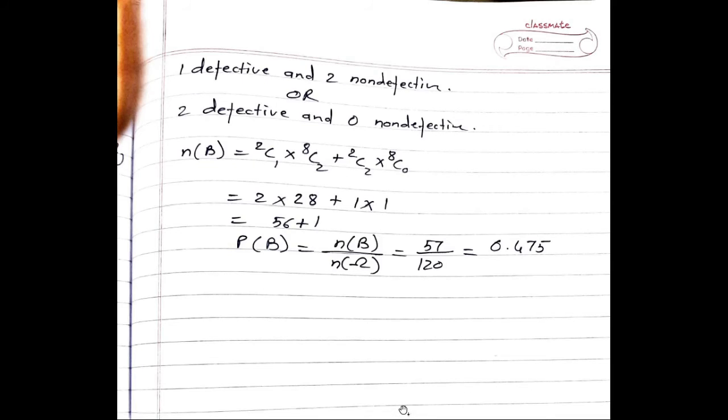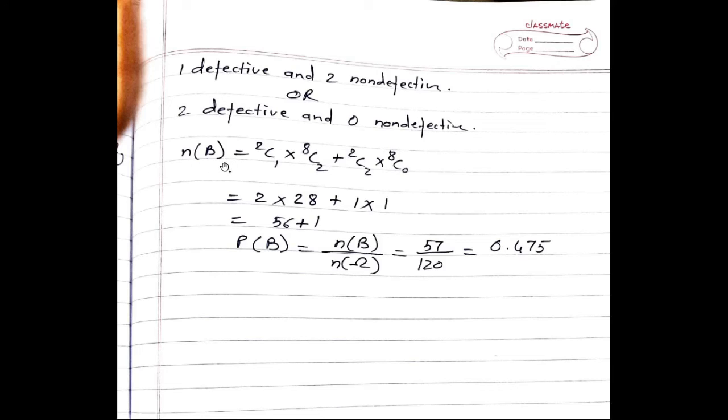0.9333. Second, event B is given by at least 1 defective is selected. So the possibilities are 1 defective and 2 non-defective, or 2 defective and 0 non-defective.